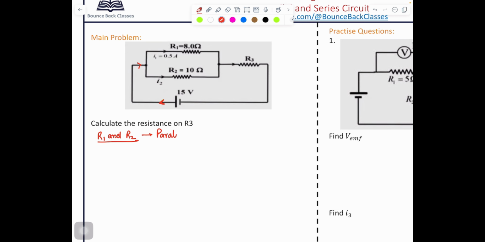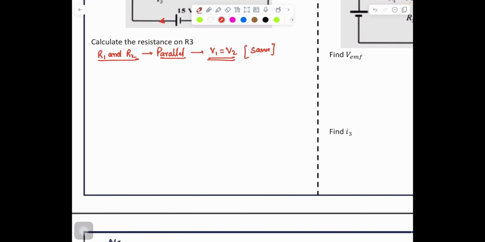Yes or no? If they are in parallel, I told you voltage V1 should be equal to V2, because both are in parallel, so it will remain the same. Okay, solve it. I'll put a line here so that we have more space to solve.